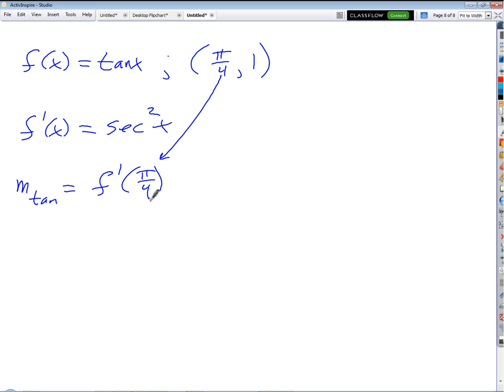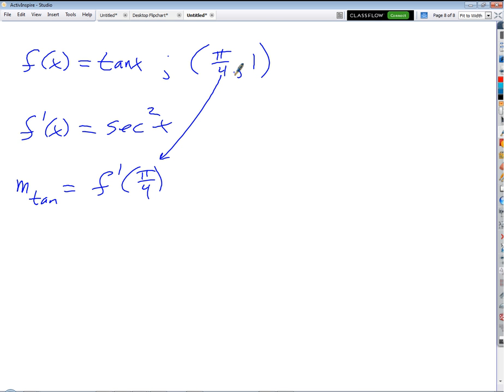If we're trying to find specifically the tangent to the curve at this point, then we want to know what the slope of the curve is at that point, because that's going to be the slope of the tangent line. So we evaluate this derivative function at this point in particular to find out what the slope is there. At a different value of x, we would get back a different slope. Does that make sense?